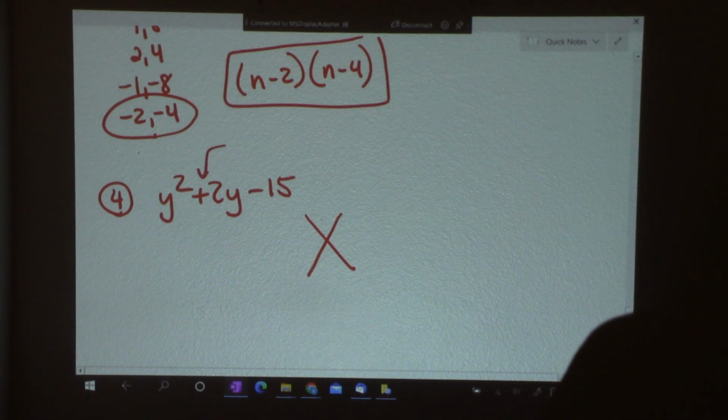Here, I've got a positive 2. The second term is positive. And here, my constant is negative. So that's going to change things up a little bit. And I'm going to ask myself what multiplies to be negative 15 and adds to be positive 2. That makes it a little different.